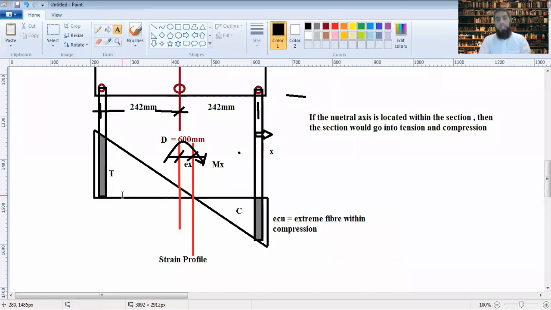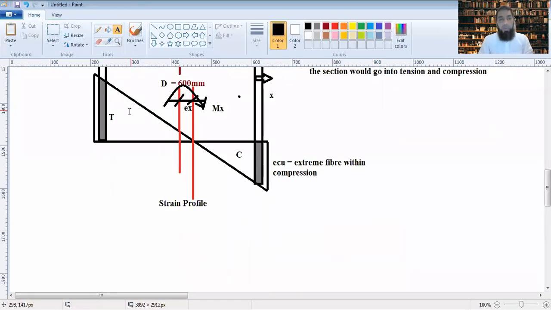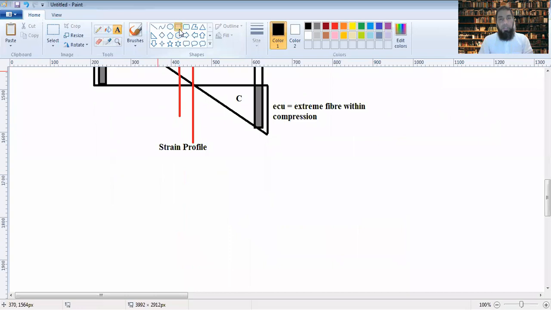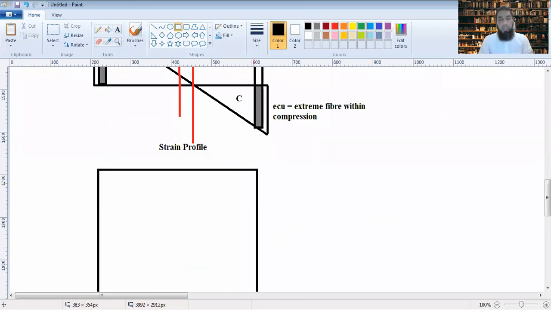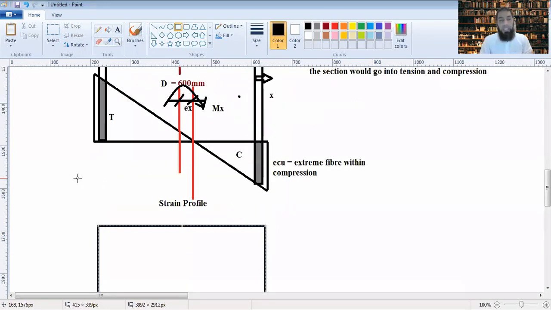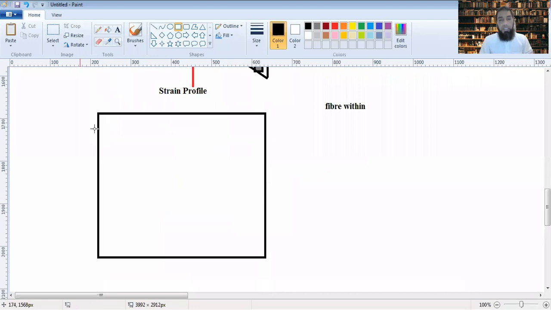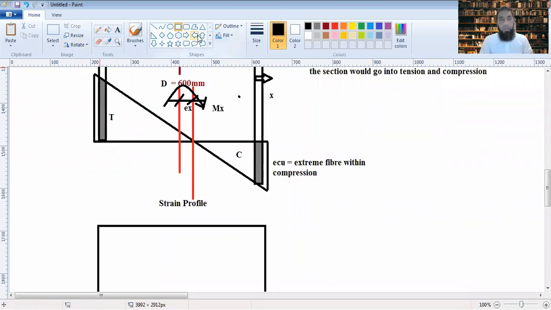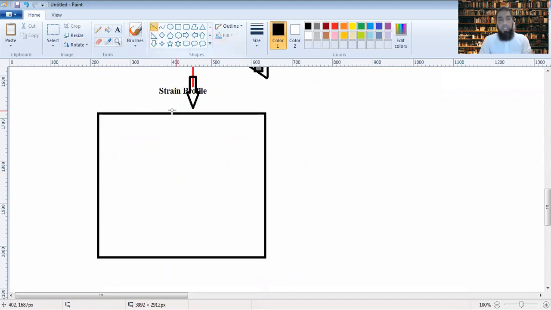Now, do you understand how this portion came in tension and this portion in compression? What is happening is that the column would be somewhat like this along the elevation. You have a load acting on the column somewhere here, while the center of the column is somewhere here.